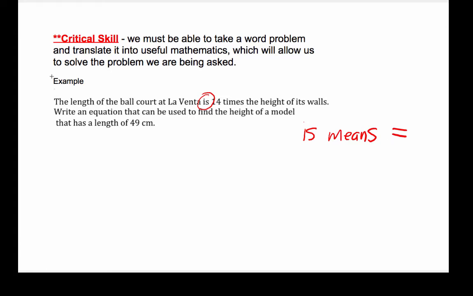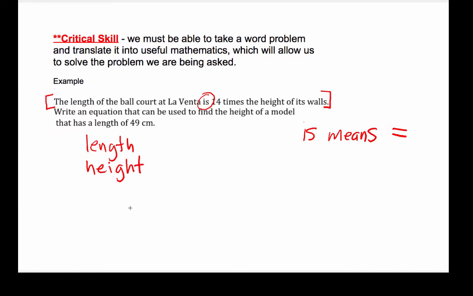And if we take this first sentence, it tells us the relationship between two variables in this case. We have a length of a ball court and we have the height of the walls of the ball court. So we have a length and we have a height.